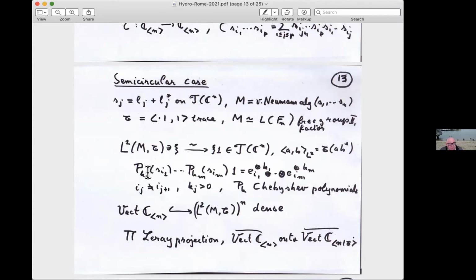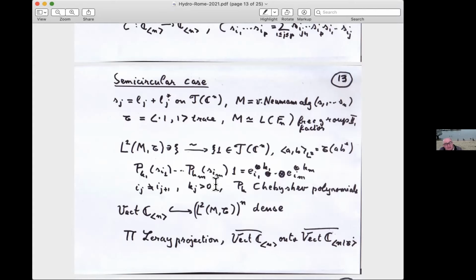And what it does is it takes this product. You see, I have here S_i1, ..., S_im, where consecutive ones are different, of these operators, these Sj's. So the same one can appear several times, but not consecutively. And I apply to them Chebyshev polynomials.